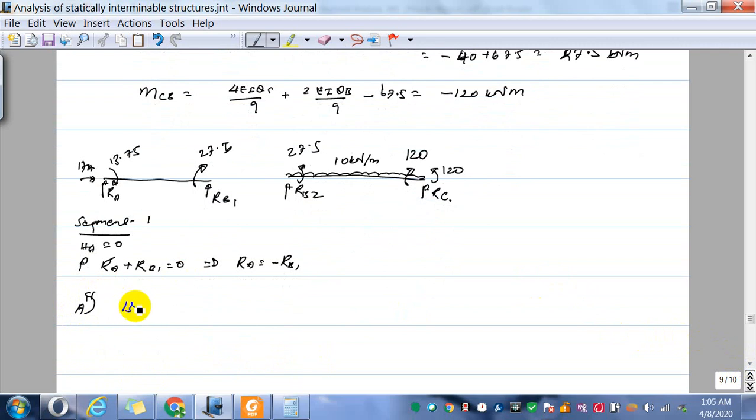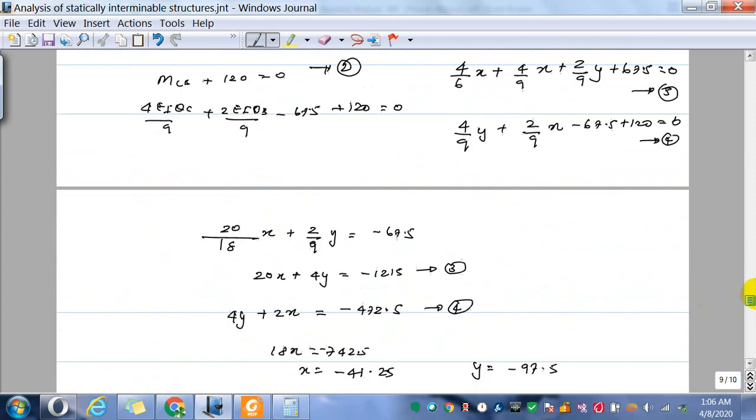We have 13.75 is the moment acting there, minus 27.5 acting here, and plus RB1 into the distance, which is 6 meters. So RB1 into 6 is equal to 0. Okay, so that is the equilibrium equation.